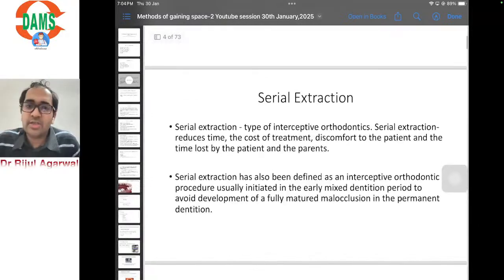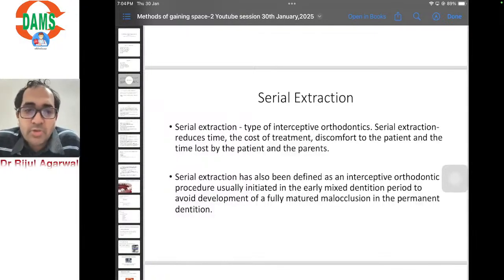So beginning with serial extraction. What is serial extraction? It is a type of interceptive orthodontics, meaning we know that there is a definite malocclusion which is going to develop, so we intercept it, stopping it from getting worse. It reduces the cost of treatment. Future orthodontic treatment, if required, will be much cheaper, as well as the time.